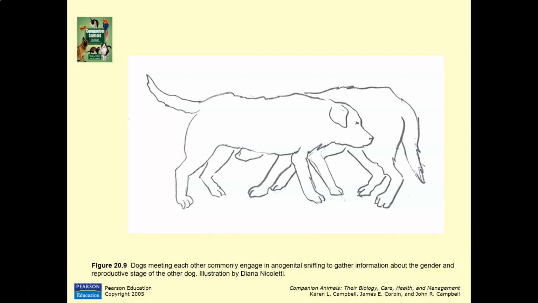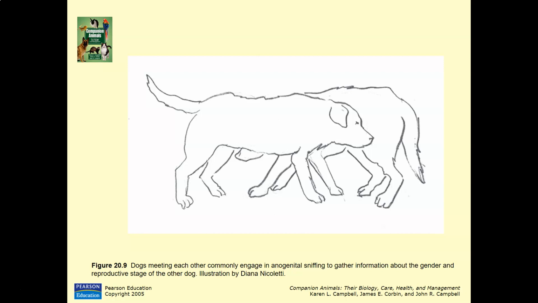To gather information about whoever they're meeting. Dogs also use urine as territory marking and to identify individuals. Dogs will urine over mark, so they urinate over the scent of urine deposited by another dog. That's a pretty common thing.